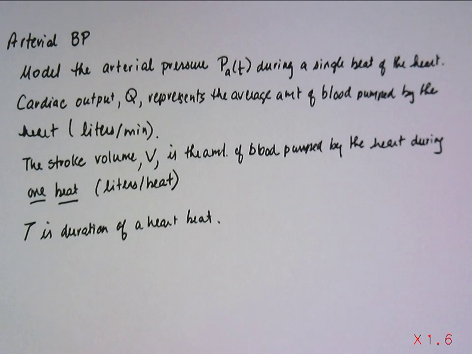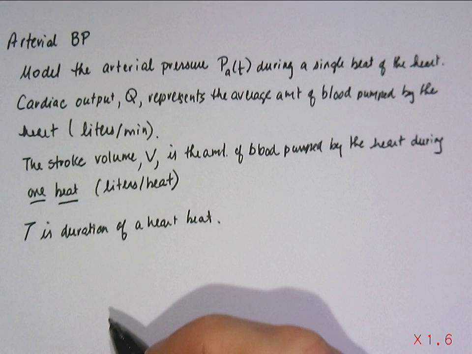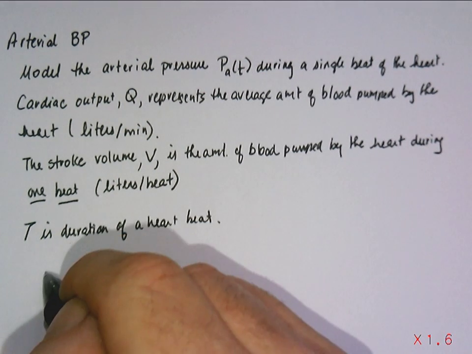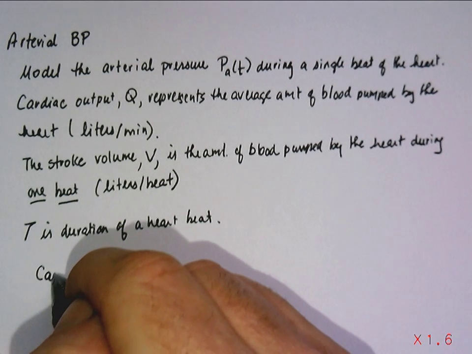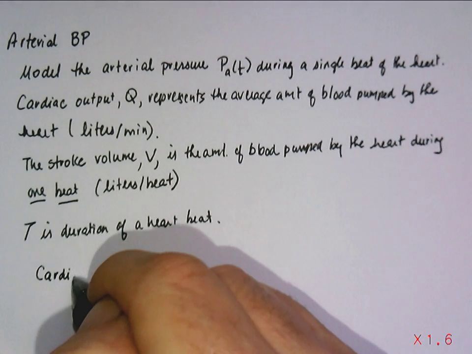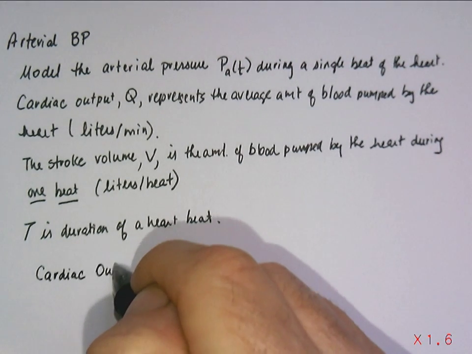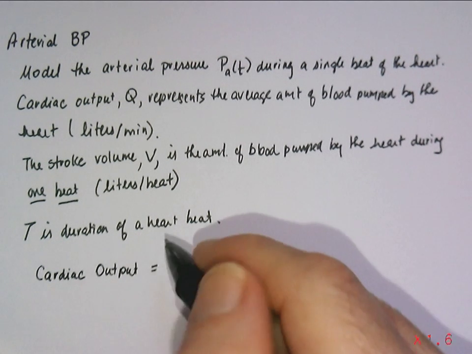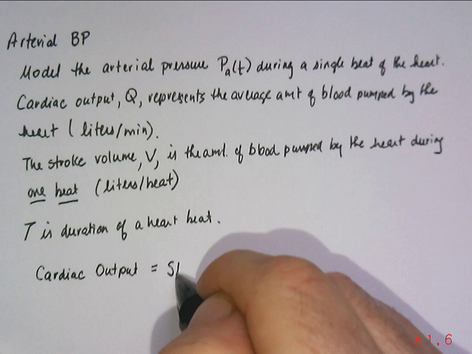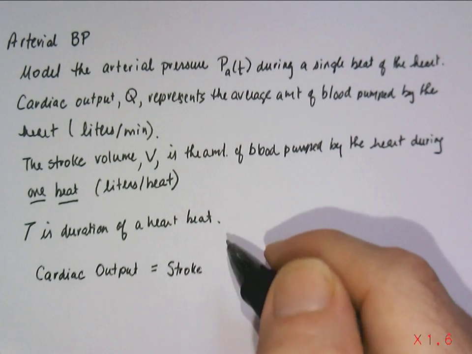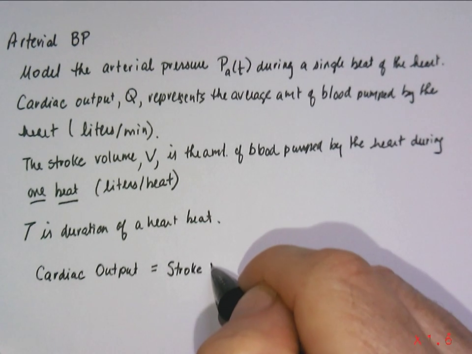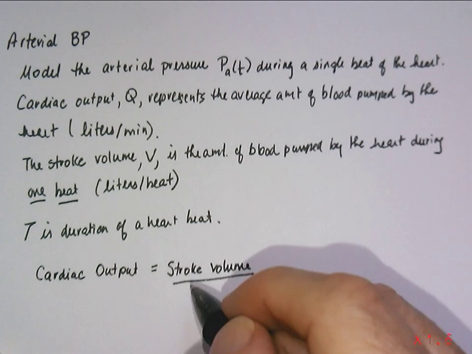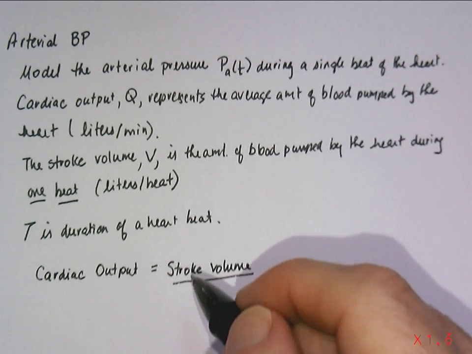So the relationship we have between cardiac output and stroke volume is the following. The cardiac output will be equal to the stroke volume, the amount of blood pumped per beat, divided by the duration of the flow.